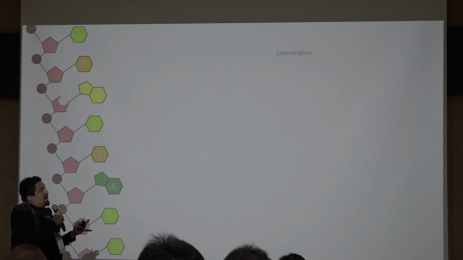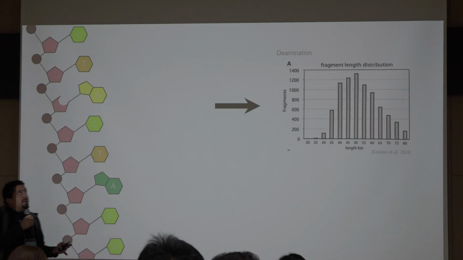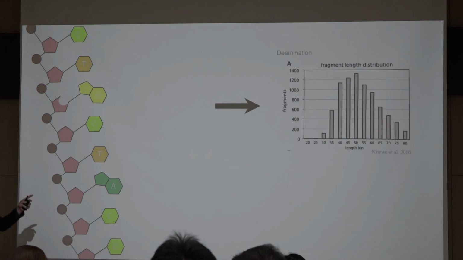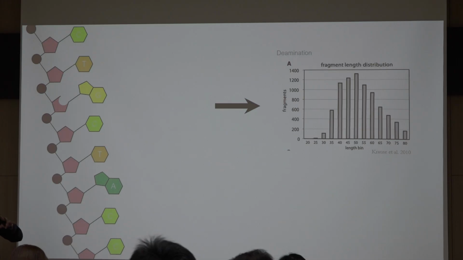And the characteristics that we learned that they had were damage, mainly the deamination, which is when we lose part of the structure of the base pairs that conform the DNA.